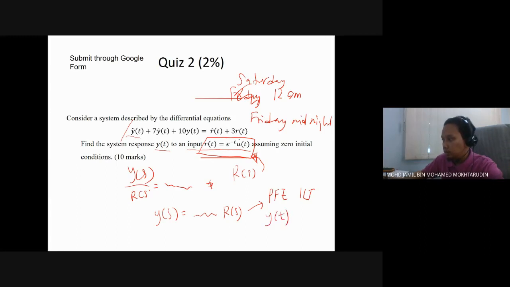You need to convert this using Laplace transform. Then convert r(t) using Laplace transform to get R(s). From the differential equation, arrange so that you get Y(s) over R(s). And then substitute R(s) from this, you get Y(s). And then perform partial fraction expansion and inverse Laplace transform to get y(t).